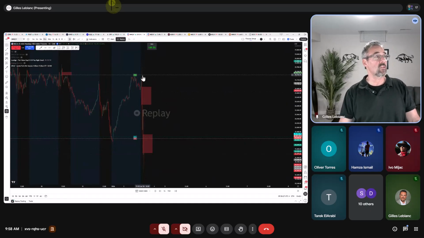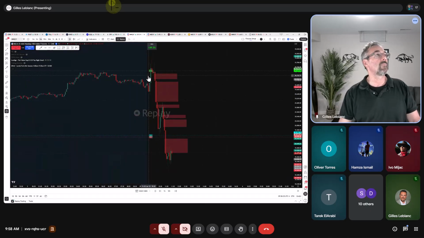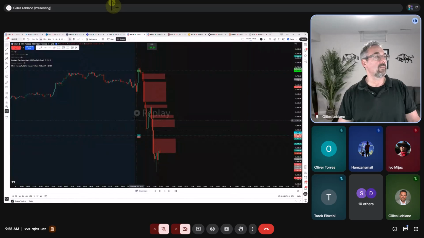I bought puts over here on the 5-minute. I'll show you the actual strategy. Kangaroo tail at the top, right over here. I bought puts here. Stop was above the wick, and I held for a while. So this was an options trade, which worked out really well.